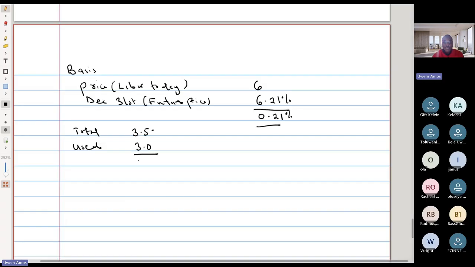So we'll have 0.5, or half a month, unused. Out of the 3.5 months, which is from today to December 31st, we are only going to hold on to the futures until when we need to borrow, which is December 16th. So we have half a month to when it was meant to mature, unused or outstanding.